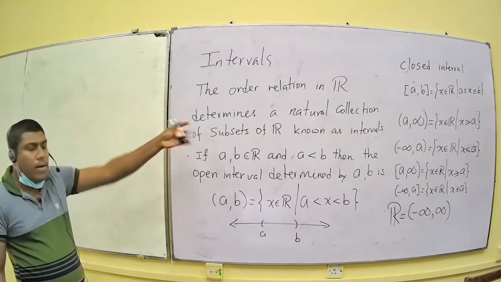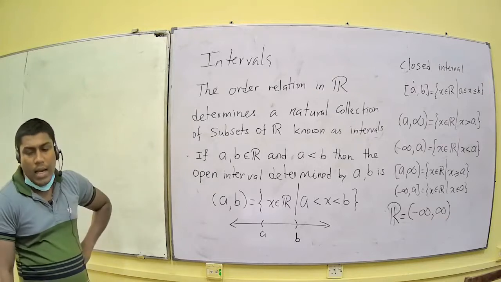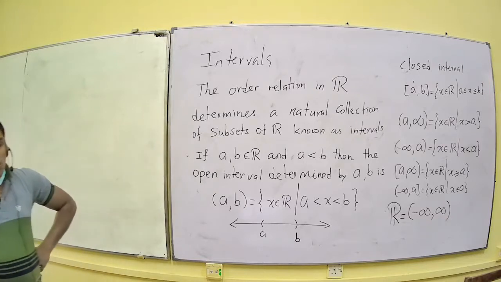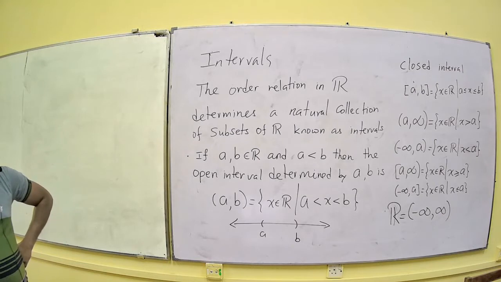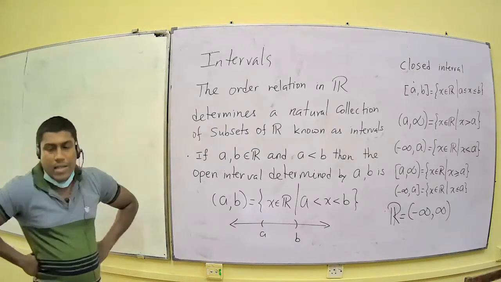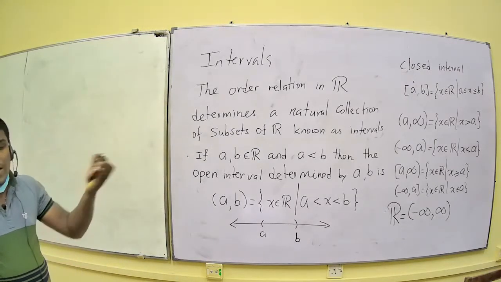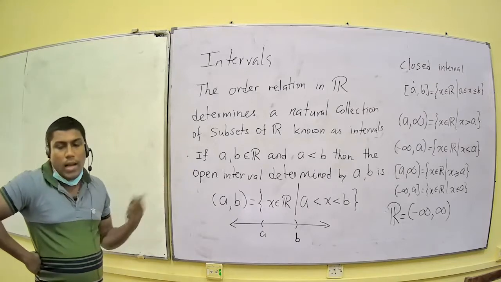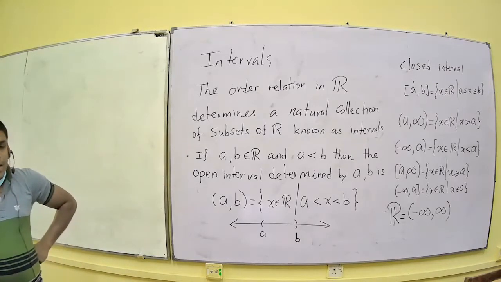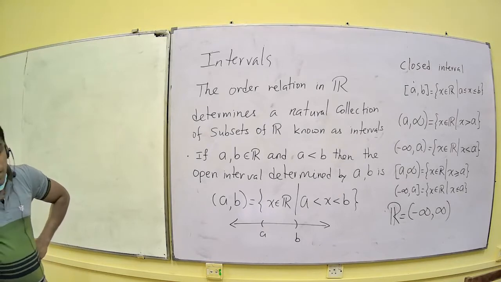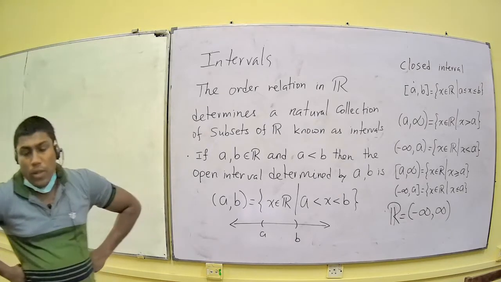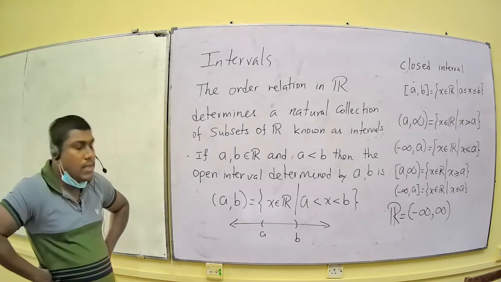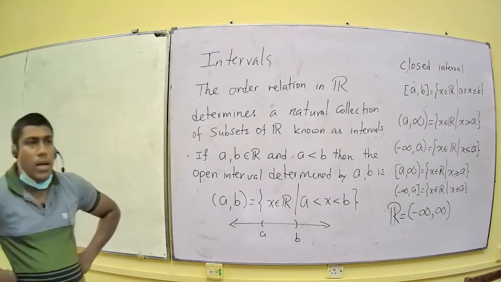And for order properties, you can write less than or equal, less than, greater than, involving square root of 2. For example, square root of 2 is strictly less than 2, or square root of 2 is strictly greater than 1. Or you can multiply square root of 2 with some number and that is the same as multiplying in the reverse order.